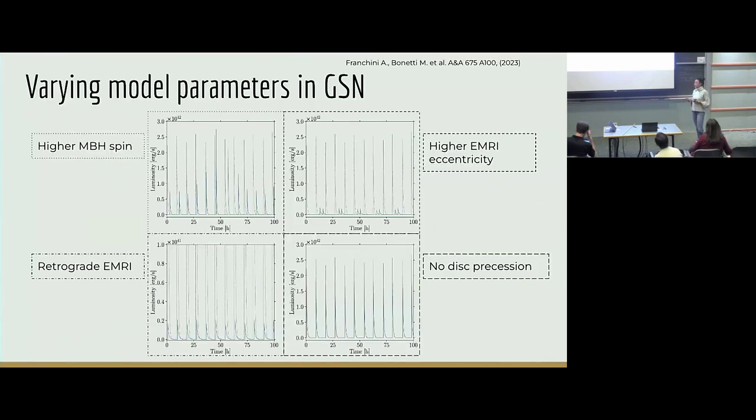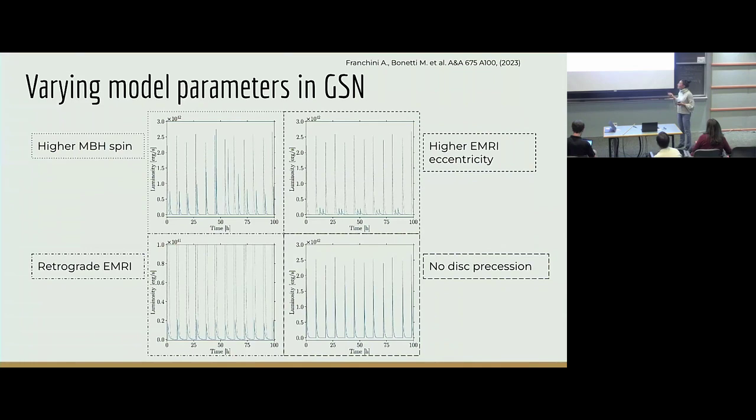Then, since there are many parameters in our code, we can see the effect of varying each one of them, just to understand what sort of modification of the light curve we can expect. This is done just for GSN, which is the most regular one and the one that we reproduce best.